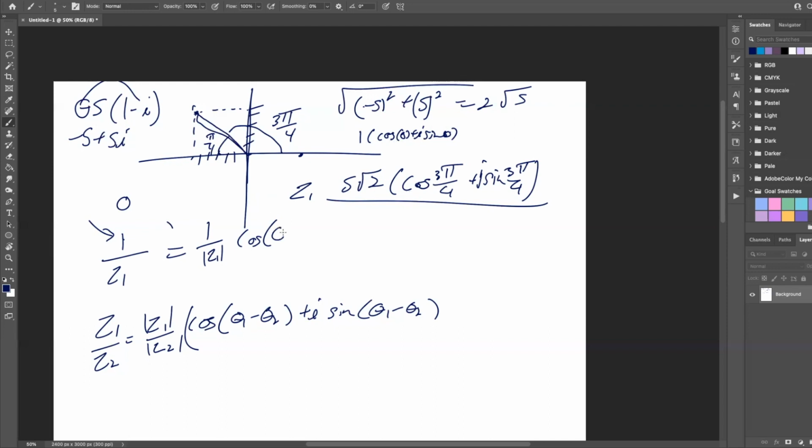So here I have 0 minus theta 1 plus i sine of 0 minus theta 1.